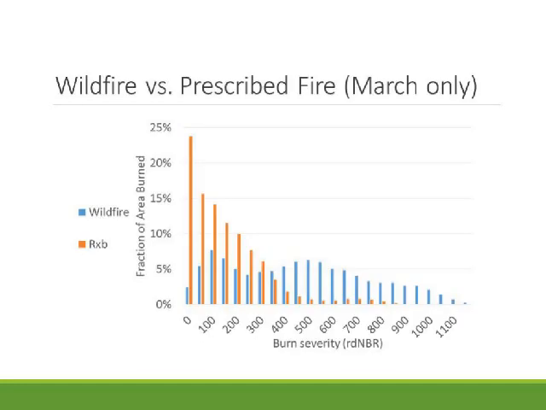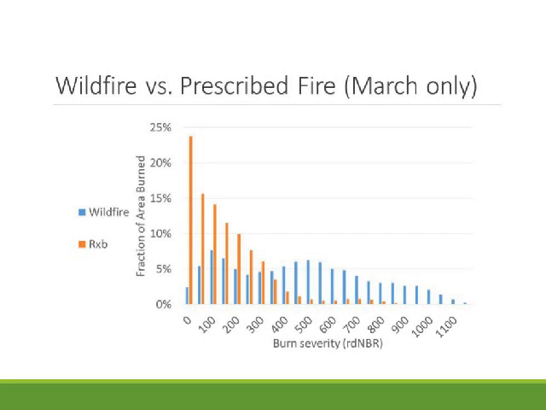Another way I divided up the data was to compare wildfires and prescribed fire severity. And this is just for March, because that's the primary time of year that we prescribe burn. So these are March wildfires and March prescribed fires over that 10-year period. And what this figure shows is in orange, we see that the prescribed fire severity, the fraction of area burned, that's our y-axis, is skewed towards a low severity.